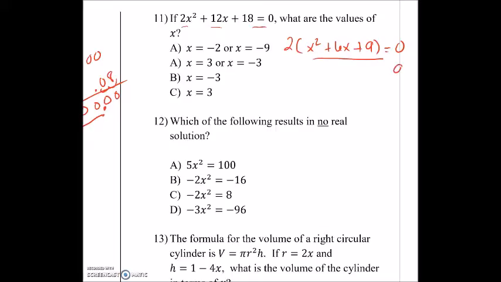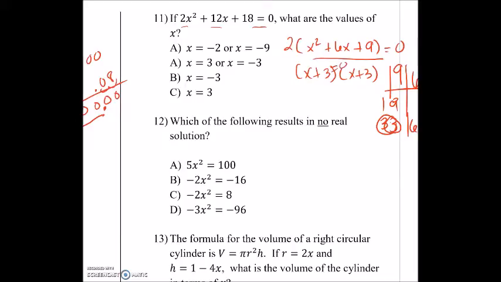We're looking for the factors of 9 that add up to 6. So 1 and 9, and 3 and 3. And of course, the ones that are going to add up to 6 is 3 and 3. So this becomes x plus 3 and x plus 3. But please understand, we're looking for the values, so they want us to set them equal to 0.